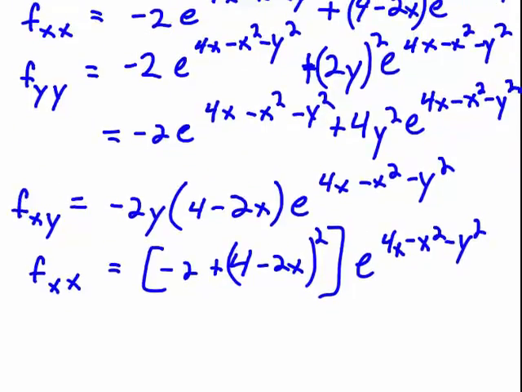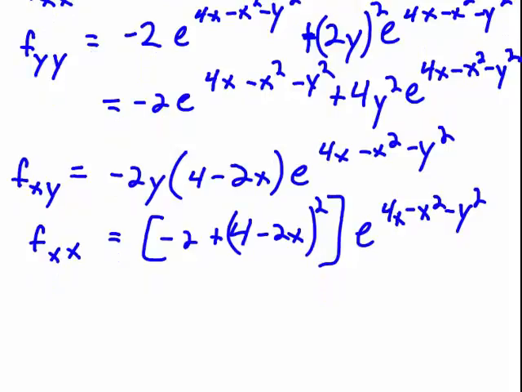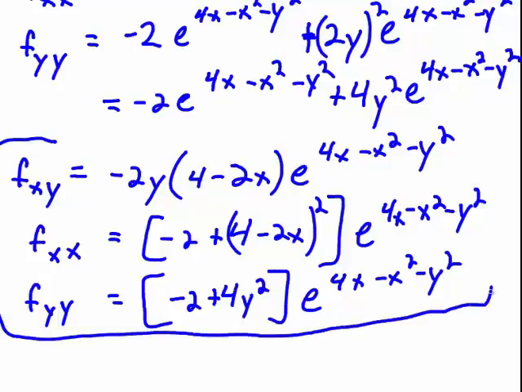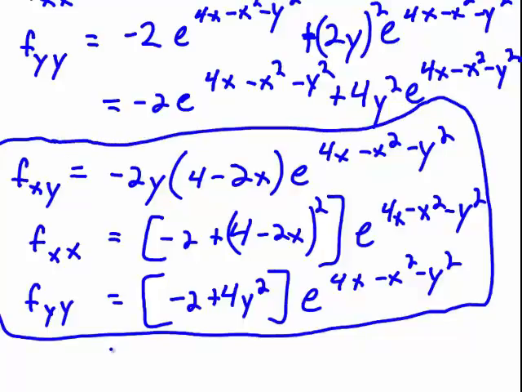I can do the same thing with f sub yy, to get an easier expression to deal with. Factor out the exponential function, and I'll have negative 2 plus 4y squared, times the exponential function. And then I'll just focus on these three versions of my second partials.